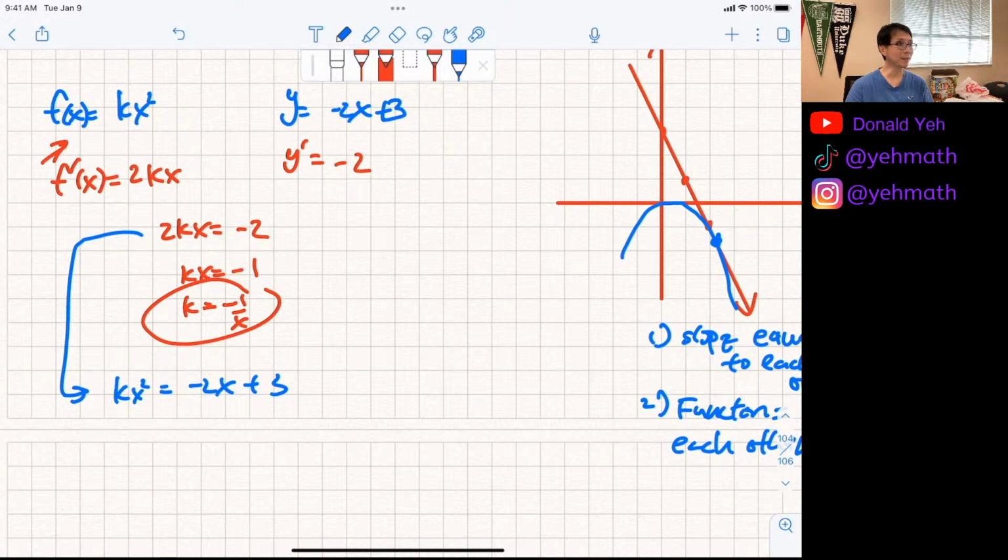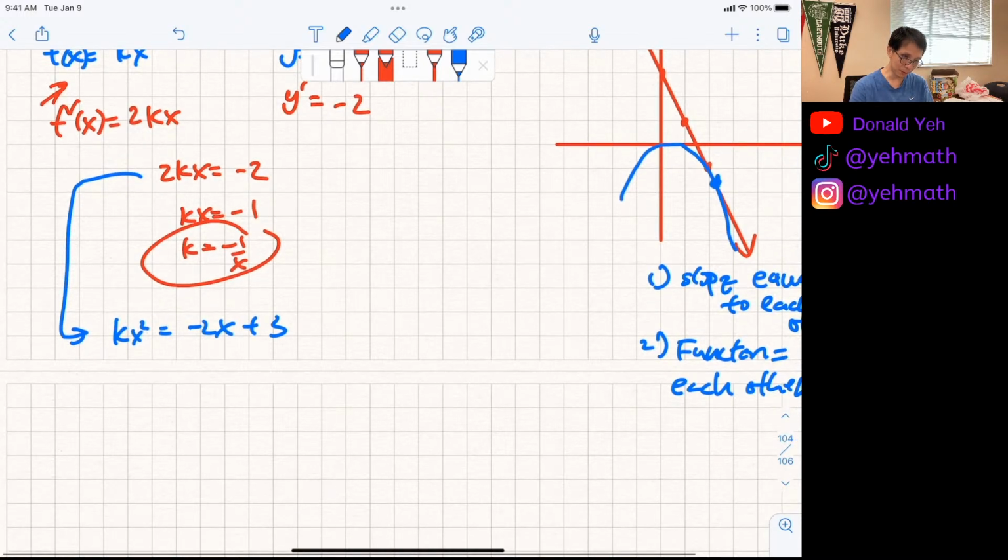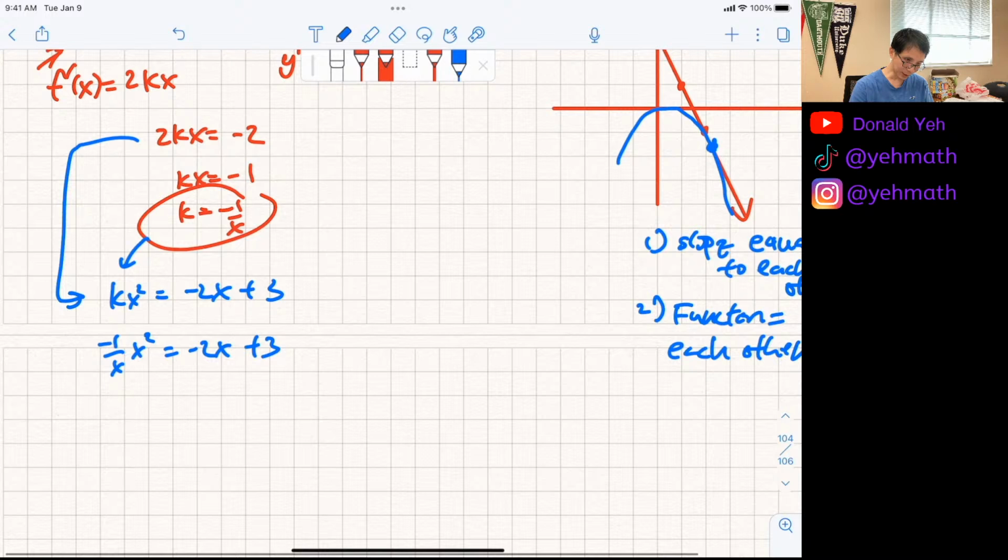Like I say, the highest tier questions usually use substitution. The top 15% of the problems usually use substitution. So you substitute this into the k. It'll be negative 1 over x times x squared is equal to negative 2x plus 3. That gives you negative x equal to negative 2x plus 3, and then x equal to 3.